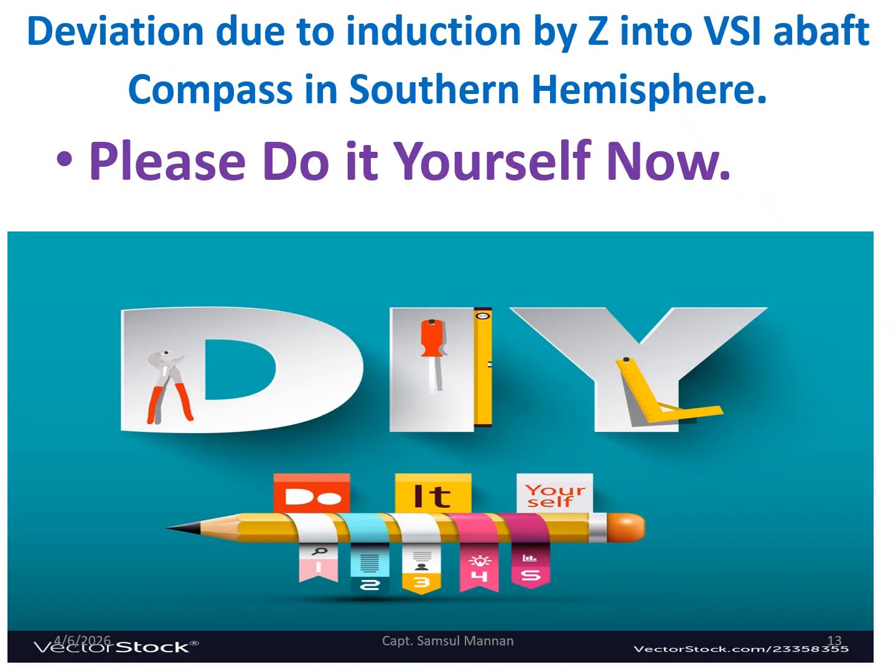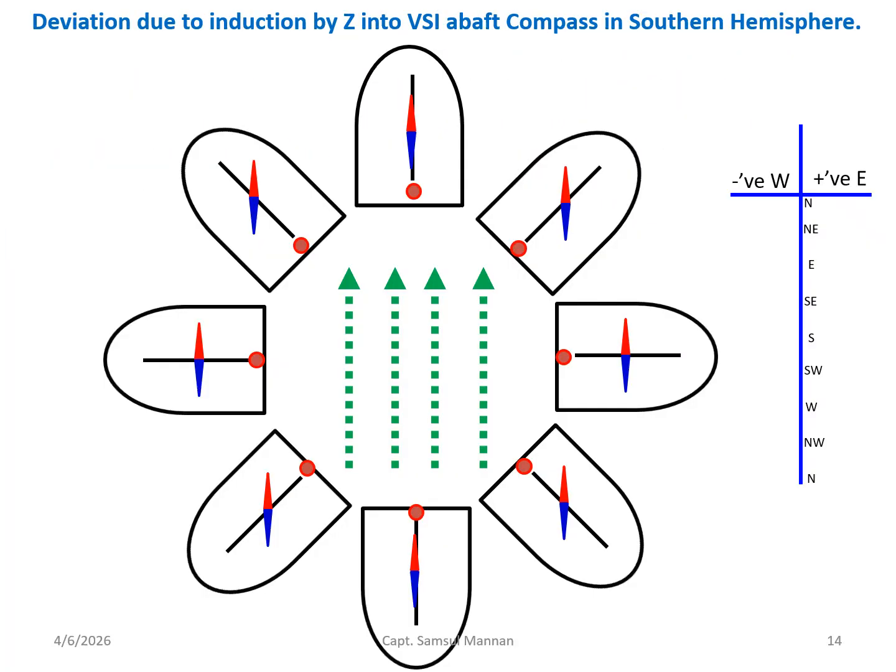So I want you, in your personal notebook, please try to draw a curve for VSI above the compass in southern hemisphere, right? Once you have drawn that one, you can take a picture and put it in the comment, right? However, I have drawn it for you, and it will look like that, right?